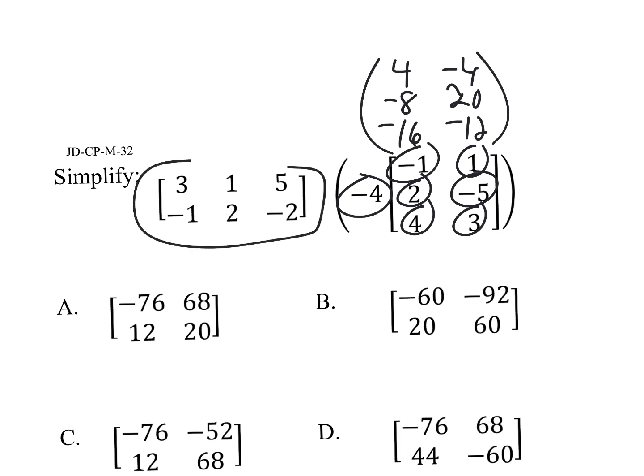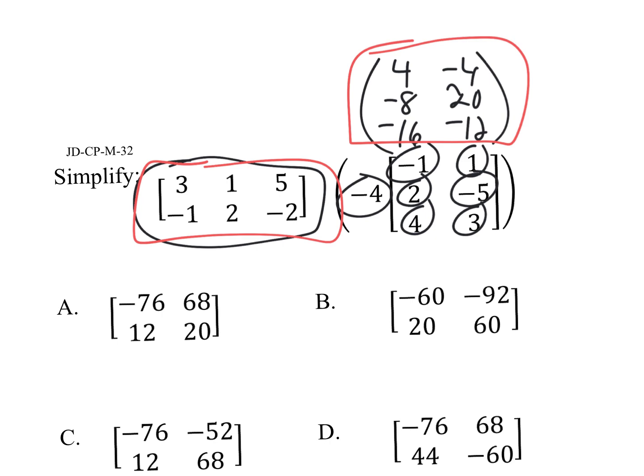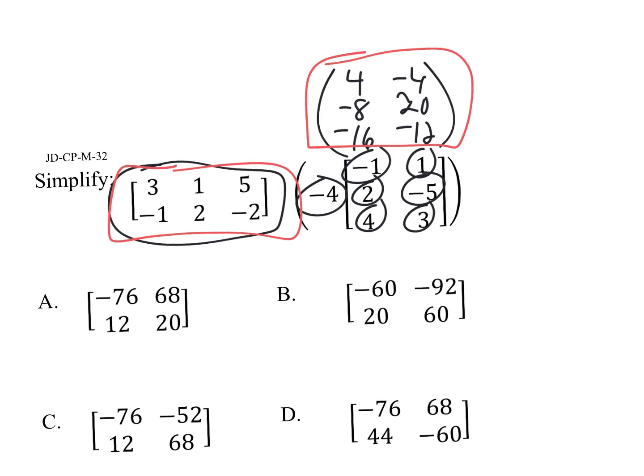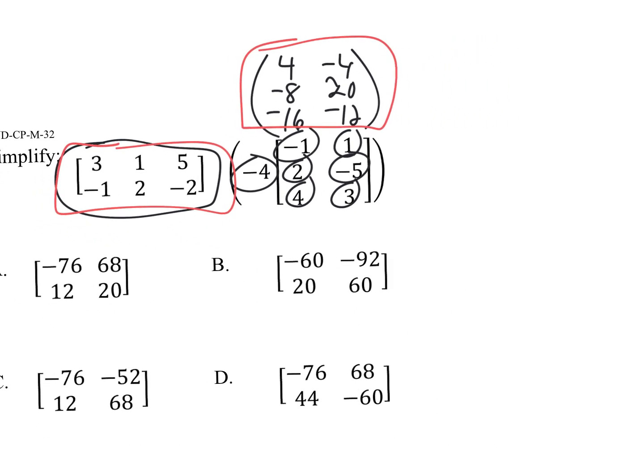Okay, and then what we're doing is we're multiplying this matrix by this matrix. So it's taking and turning. So 3 times 4, the top left corners, would be 12. 1 times negative 8 would be negative 8.